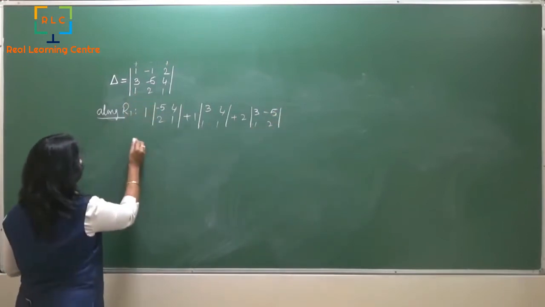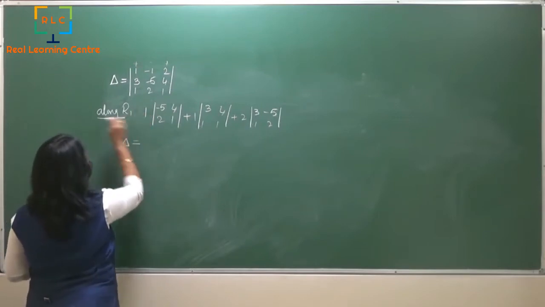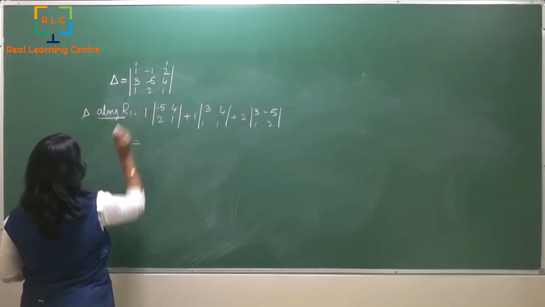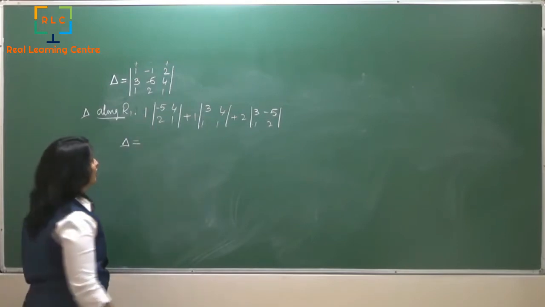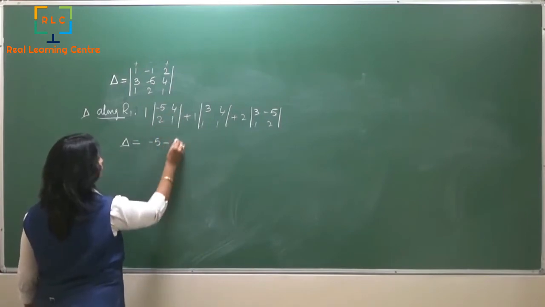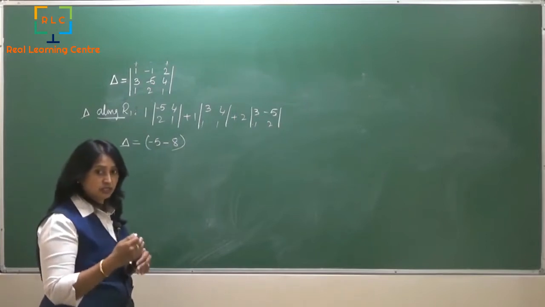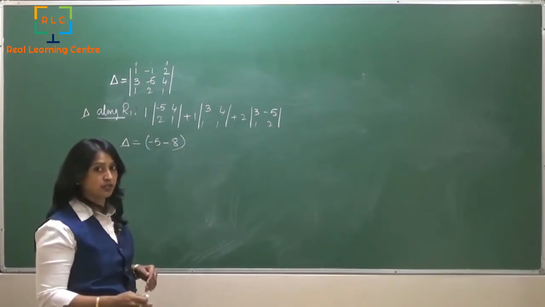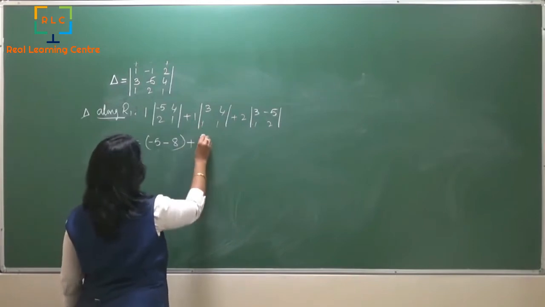So I am getting delta along R1. Delta is equal to 1 into, I shall not use my 1, and I shall take out the determinant: minus 5 minus 2 4s are 8. Now I am already continuing with third order, assuming that you have already got used to the second order determinant. Plus 1 into, again 1 is there, I shall not write anything.